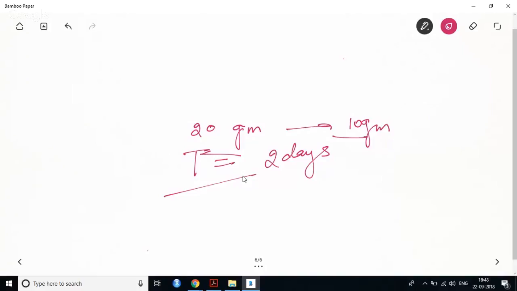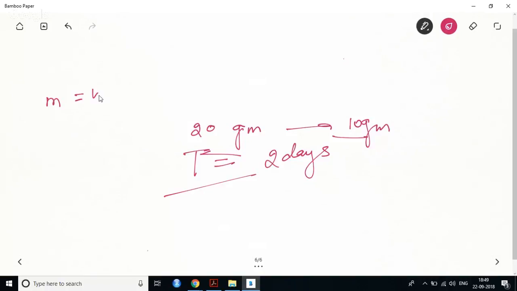Guys, try to understand. 20 gram is becoming 10 gram in how many days? 2 days. Good. Why has this information been given? This information has been given to tell you that the half-life period is 2 days. As simple as that. Now, what is the formula?